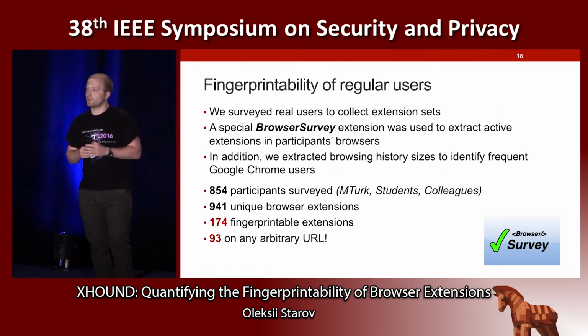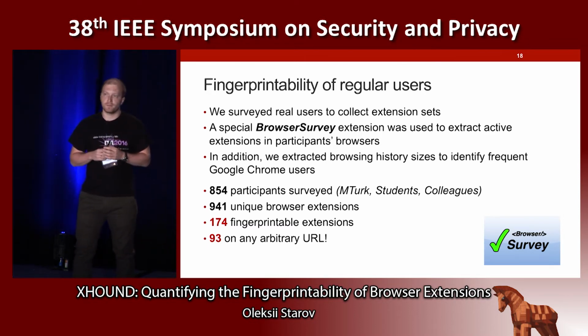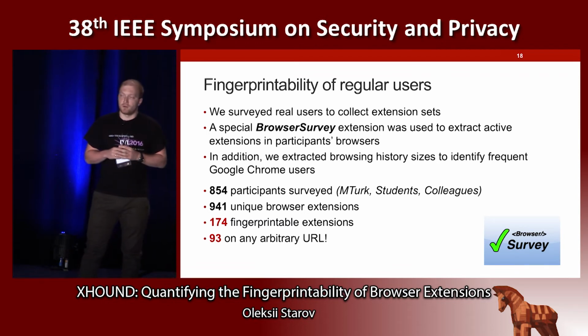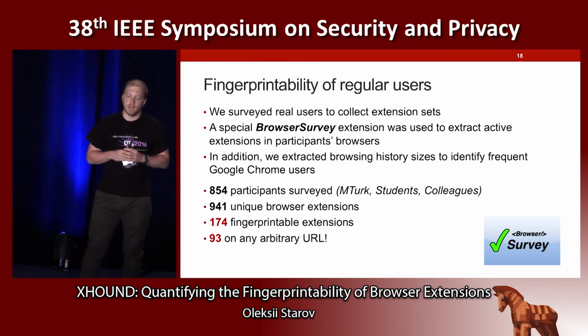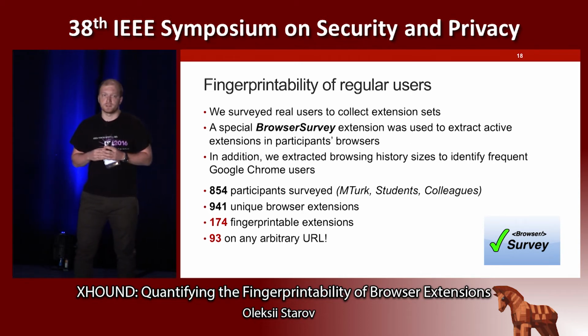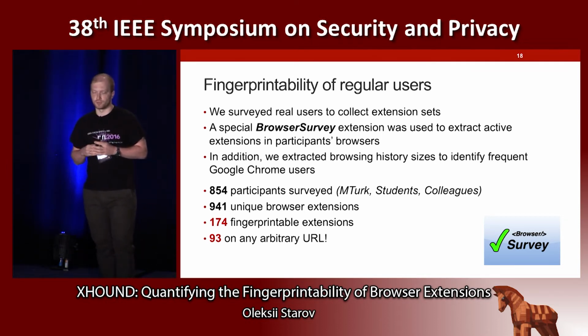In the second part of our study, we surveyed real users to collect extension sets in their browsers. For that, we developed a special browser survey extension that can extract active extensions present in the browser. In addition, we also collect the sizes of browsing histories to identify frequent Google Chrome users.